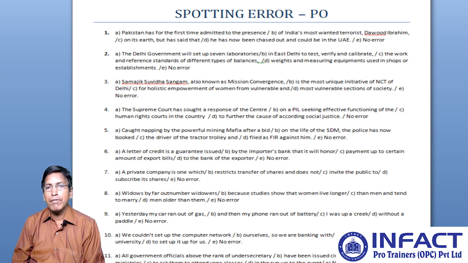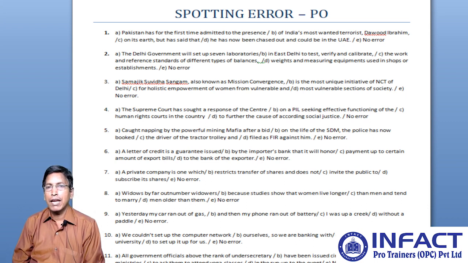Normally when we are trying to say in a particular country or in a particular place, we refer to it as on its soil and not on its earth. Either we can say in its city or on its soil or on its land. So earth cannot be the right choice and it should be replaced with soil.